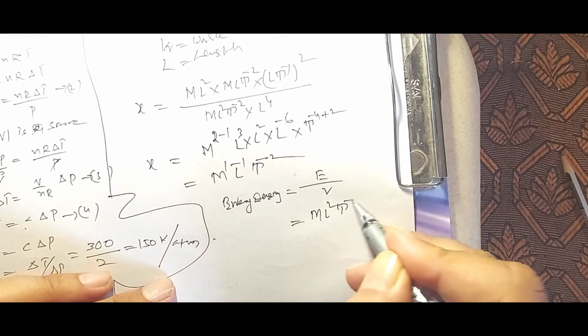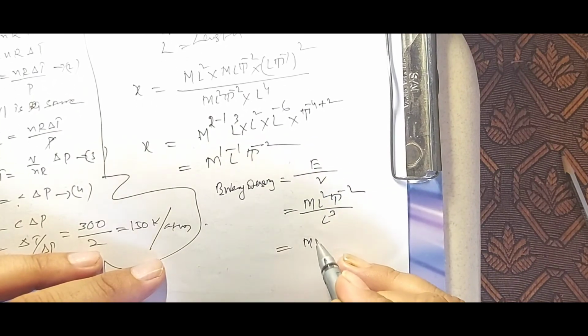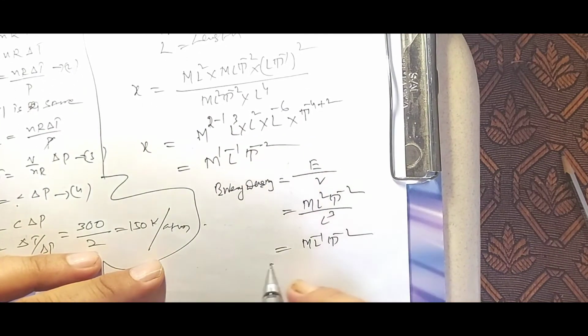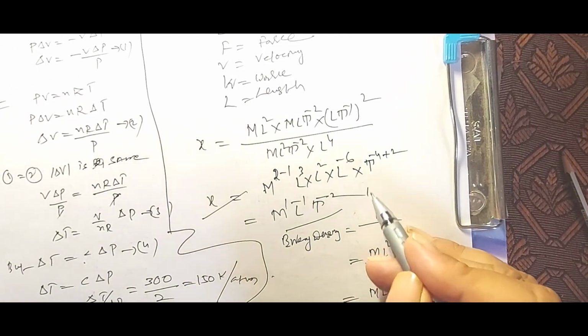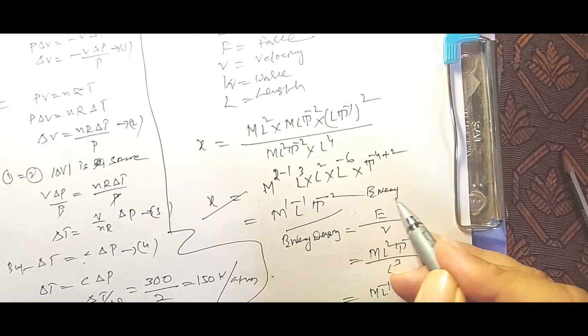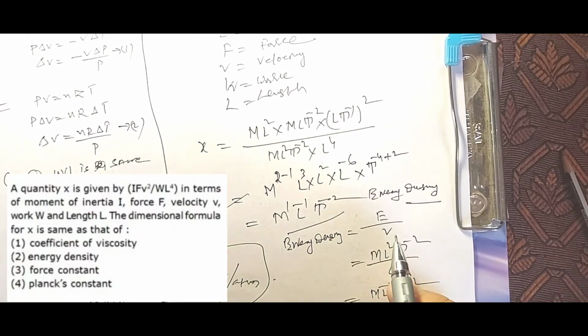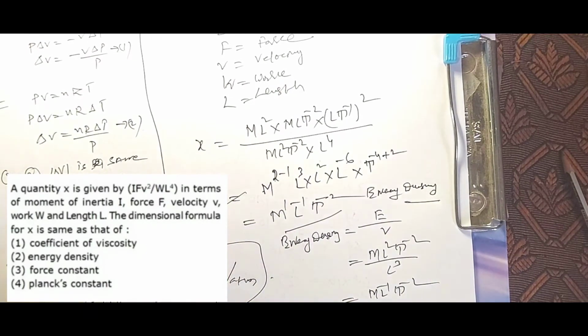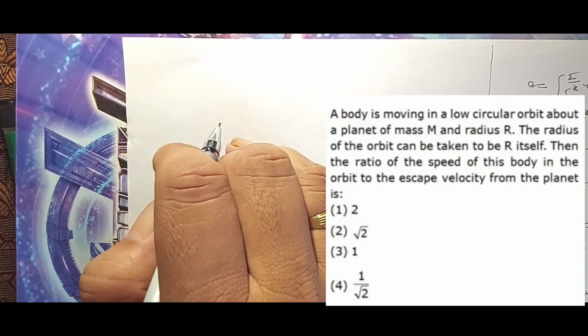ML square T power minus 2 divided by L cube. So we write here ML minus 1 T power minus 2. So the value of x is energy density. So our option is option 2. This problem is given from the gravitation chapter.